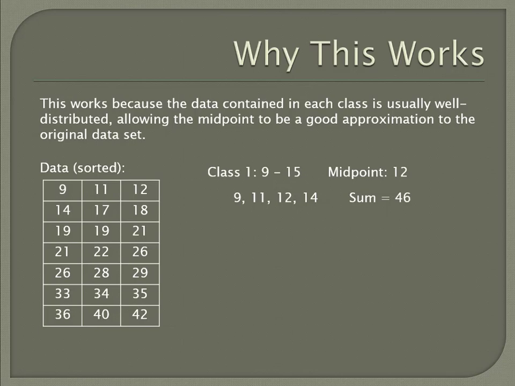It doesn't really make a difference what the individual values are. So 9 plus 11 plus 12 plus 14 has a sum of 46. Now if I estimate 9 as the value 12, 11 as the value 12, 12 as the value 12, and 14 as the value 12, that has a sum of 48, which isn't altogether different from the sum of 46. It's just off by 2.